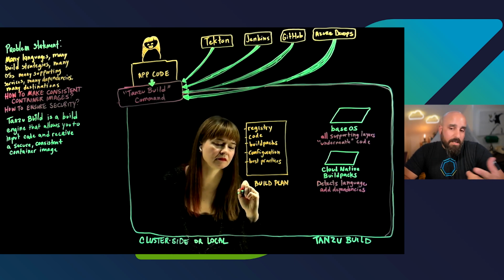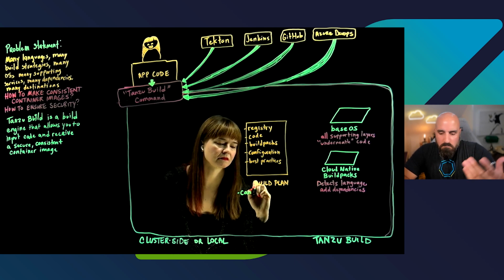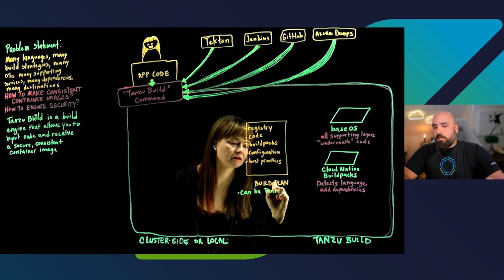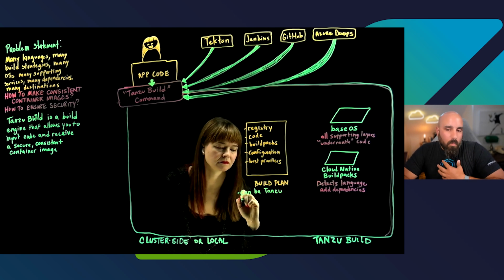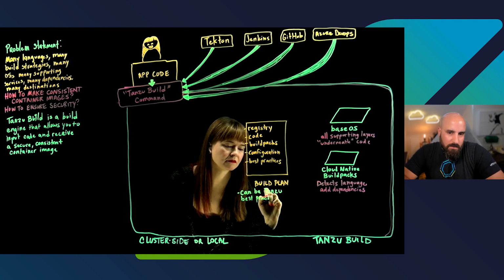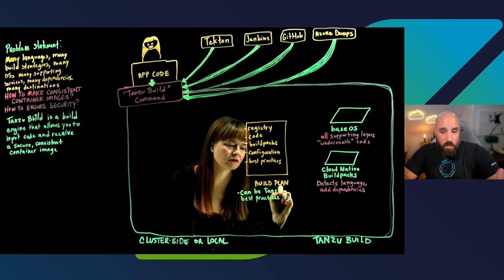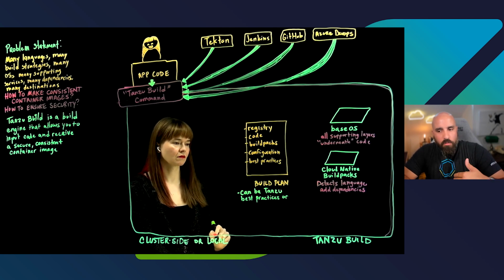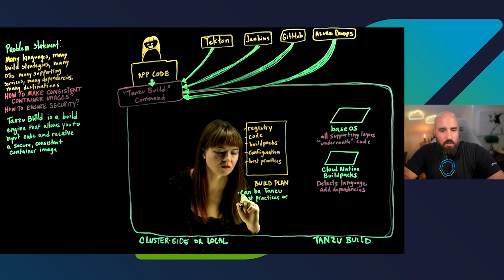When I mentioned best practices, an example is if it's Java code, and we know Java better than anyone else, we know that when you build a container image for Java and you want to deploy that into Kubernetes, there are a couple of things we think we should add, like health checks, graceful shutdowns, and other things.